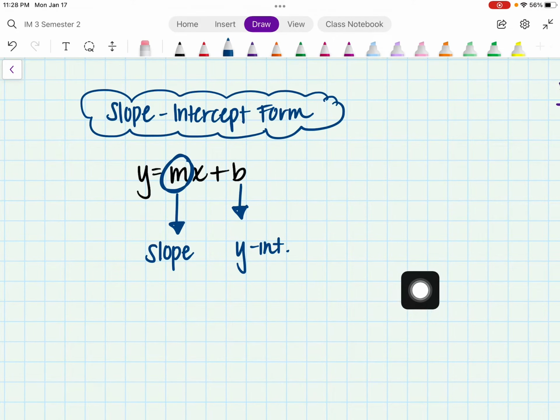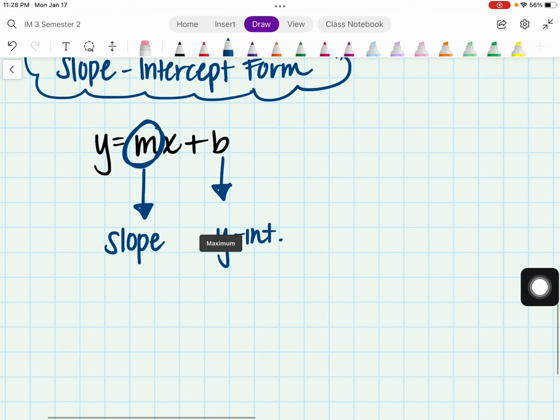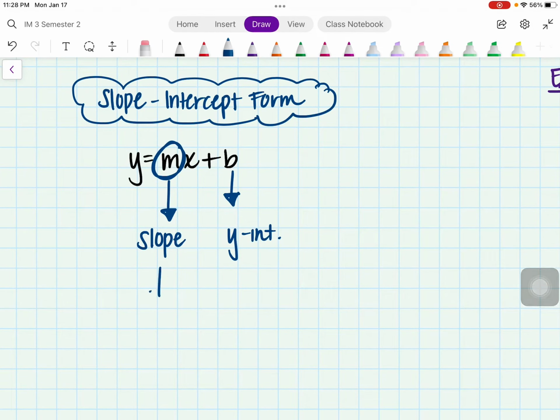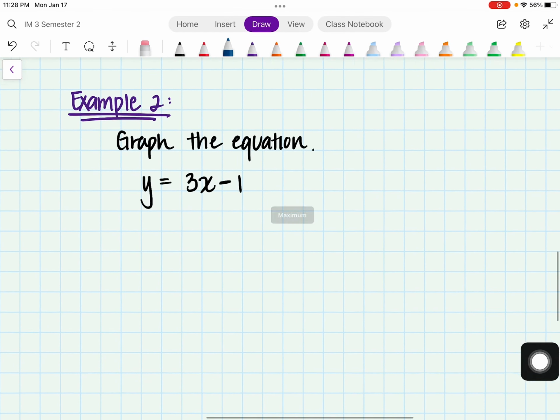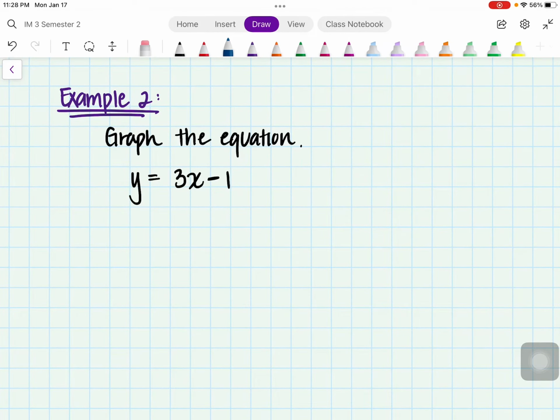It's called slope-intercept form because you're given the slope and the intercept of the equation. Before I move on, slope represents rise over run: how much we go up or down, and how much we run left or right.